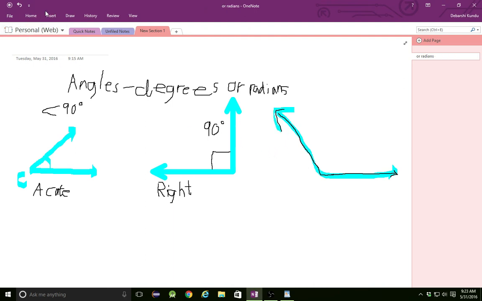It's between 90 and 180 degrees. So it's greater than 90 and less than 180 degrees.